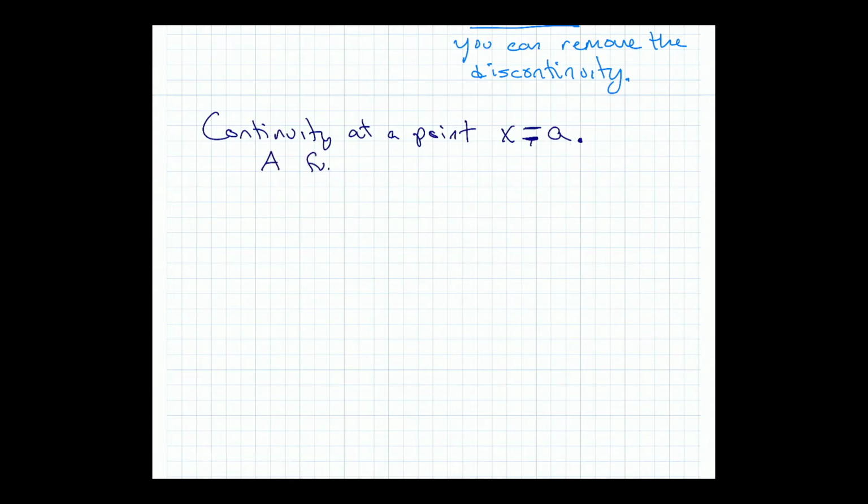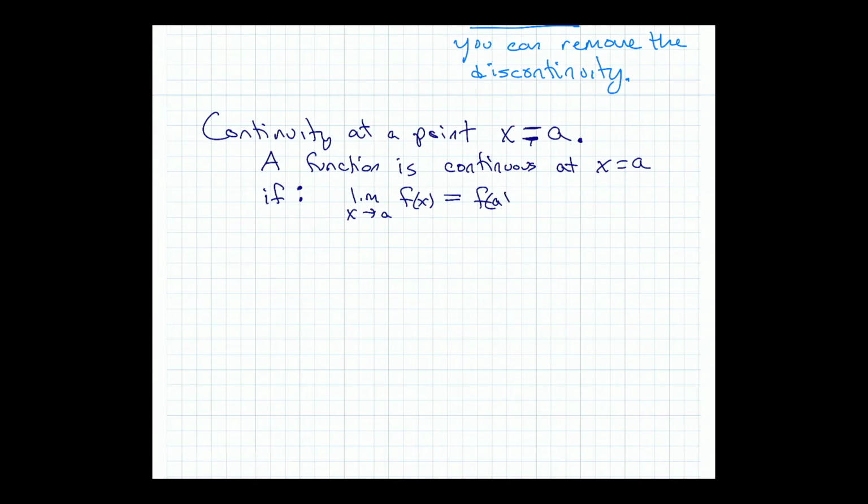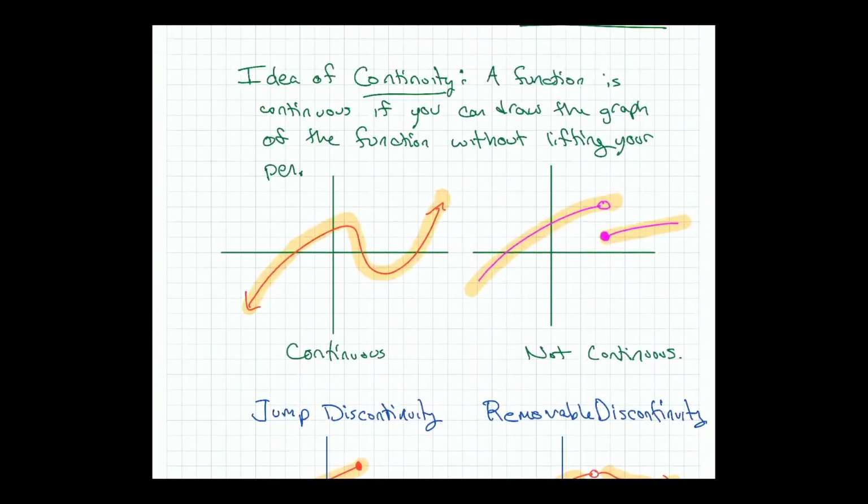A function is continuous at x equals A if the limit as x approaches A of f of x equals f of A. All right, that's the definition. And so if we look back at the functions that are not continuous here, let me pick one.